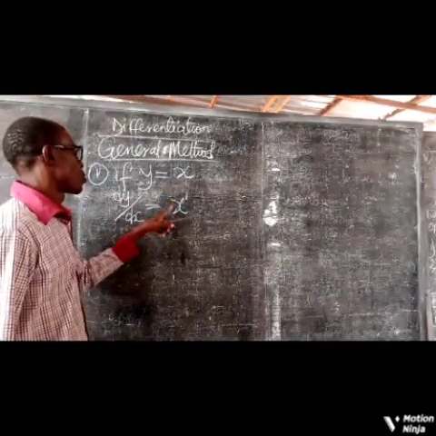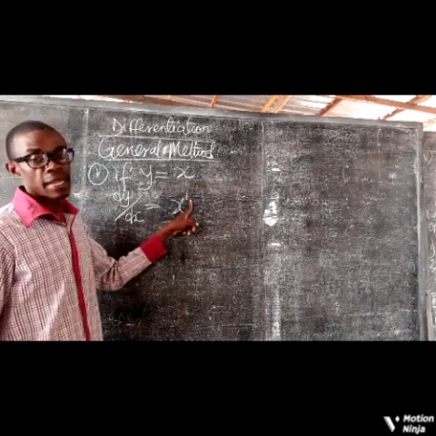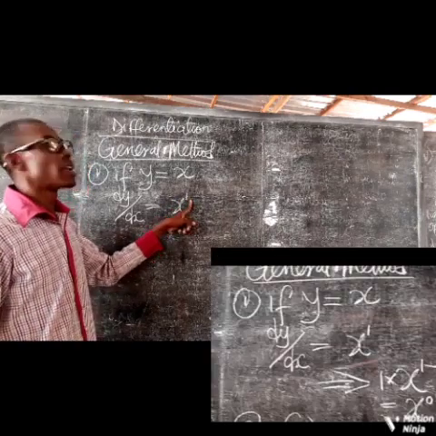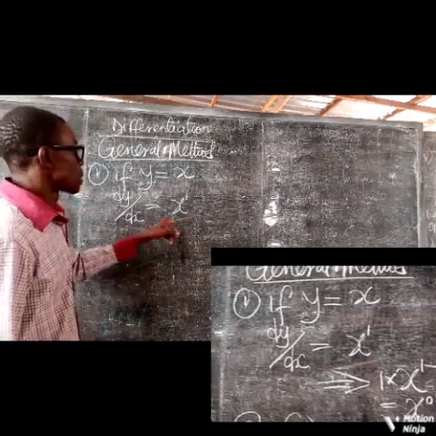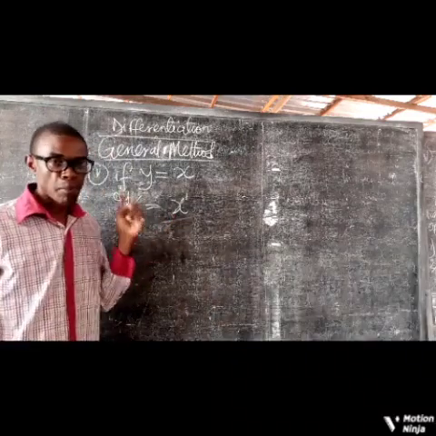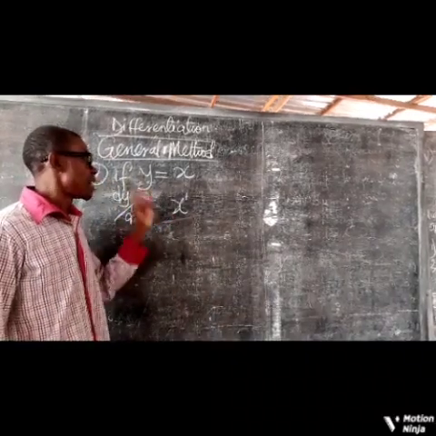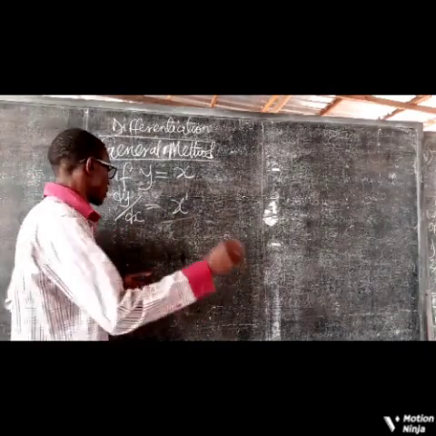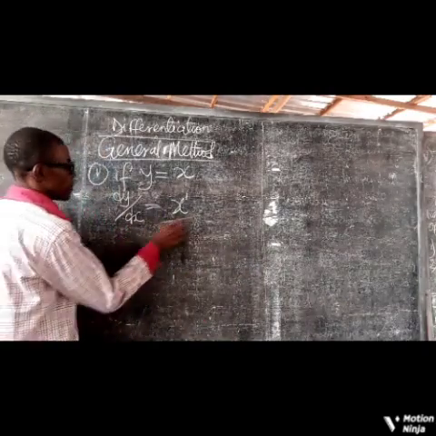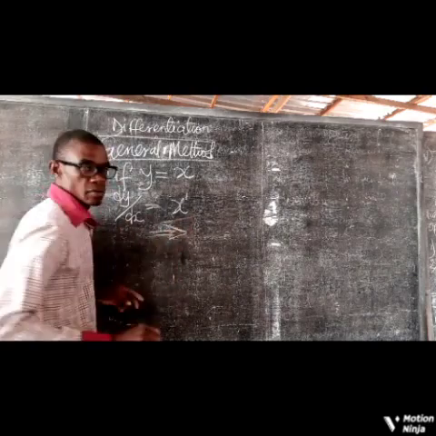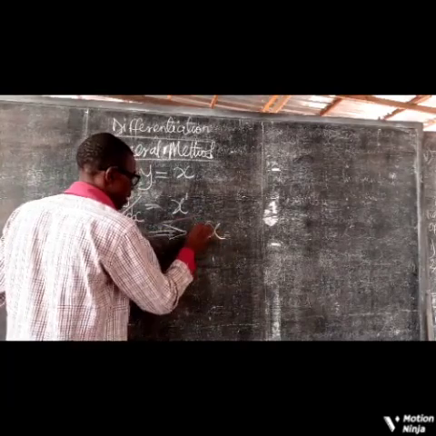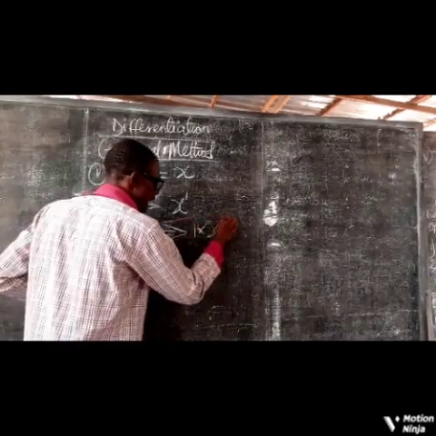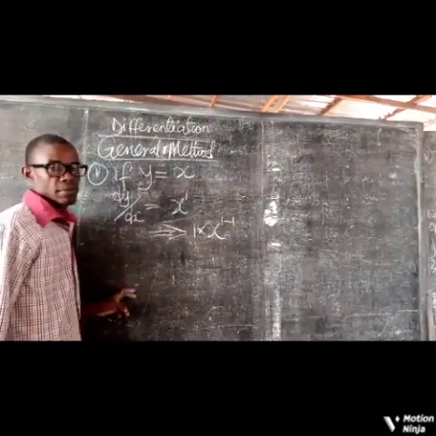Multiply this coefficient by the power, and then take away 1 from the power. That's the rule. Listen, multiply the coefficient by the power, and then take away 1 from the power. See what I mean? With this we'll have 1 multiplied by the variable, then take away 1 from the power.